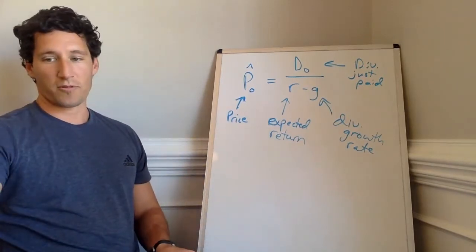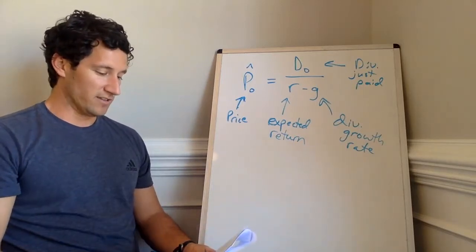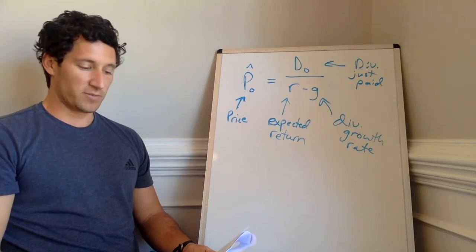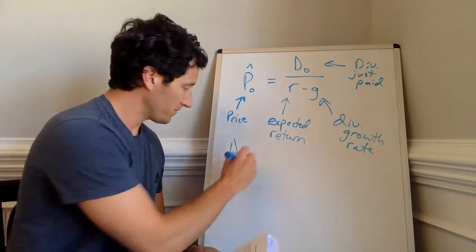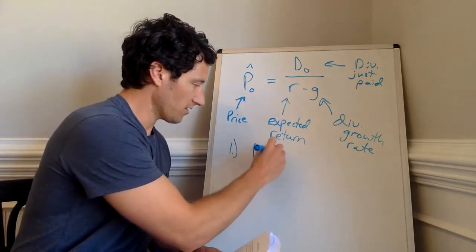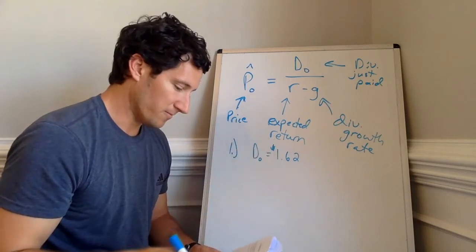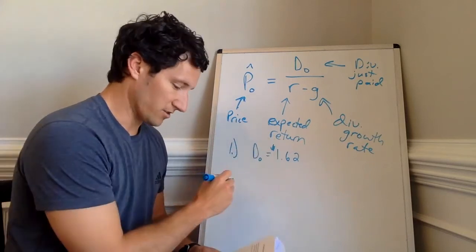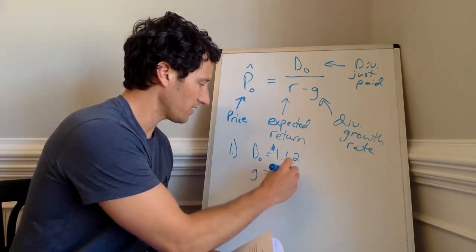Given your first problem on the handout that I posted on Moodle, you're given this information. We have just paid its annual dividend of $1.62. This is number 1. So D0 is $1.62. All future dividends will increase at 2.1% annually. So that's your growth rate.